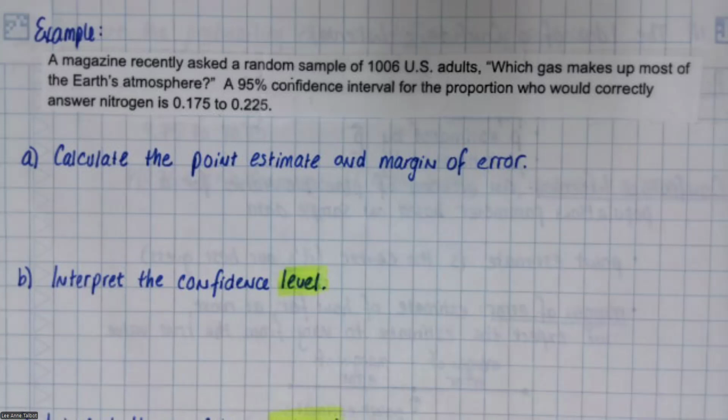I know it's not oxygen, that's a trick question. I feel uneducated. But then again, I looked at the proportions and only 17 to 22% of people are getting it correct.